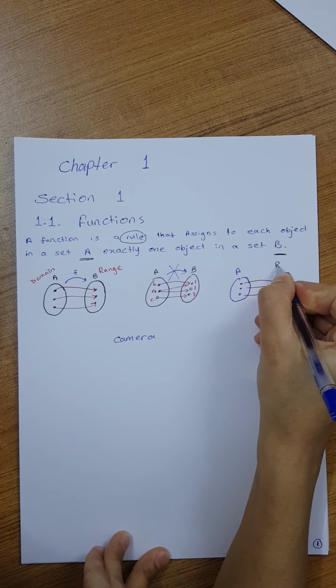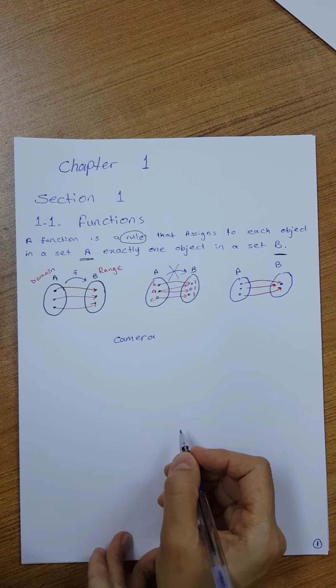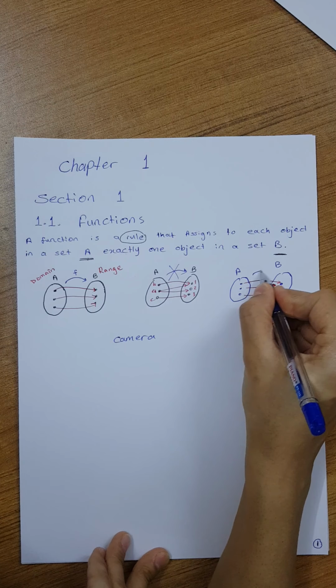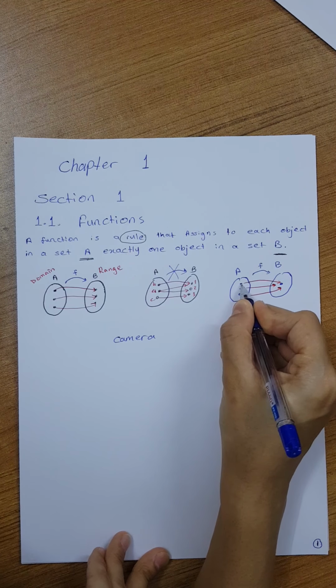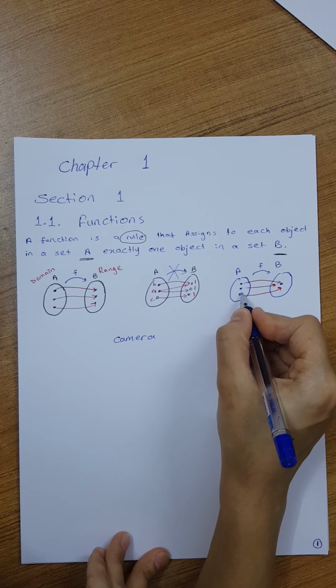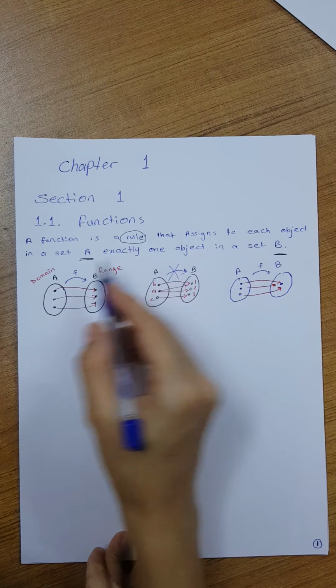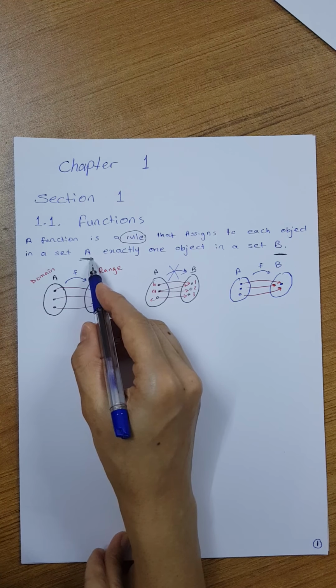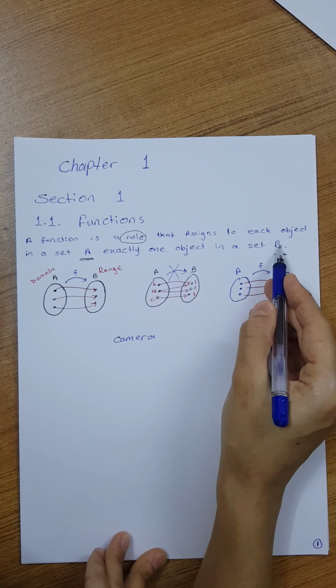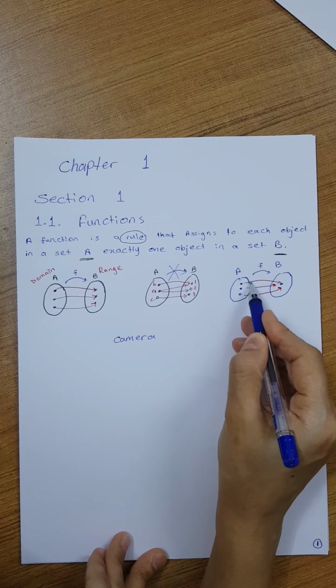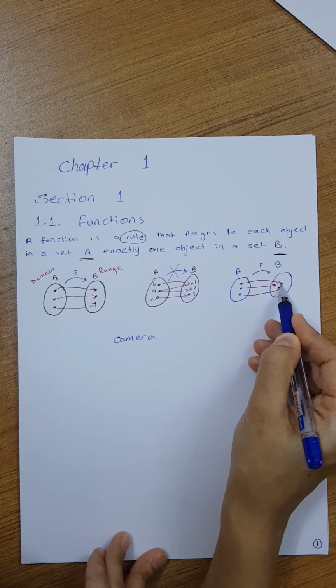I have got set A and set B. Is this one a function? Yes. Why is this a function? Because if you look at these elements, each element is connected, right? Each object in set A must be connected to exactly one object in set B. If you look at that one, it's connected to exactly one element in set B.